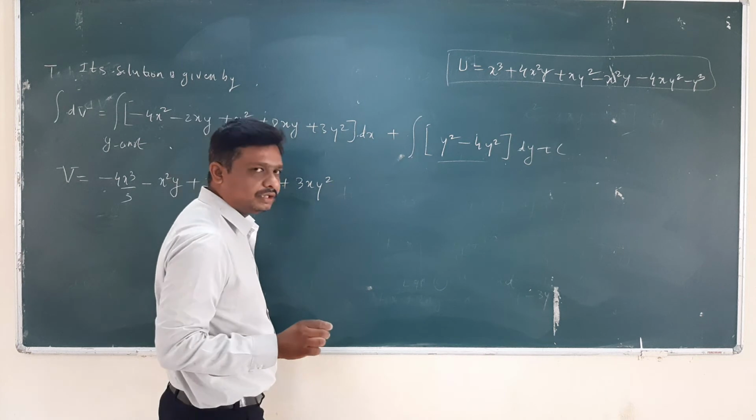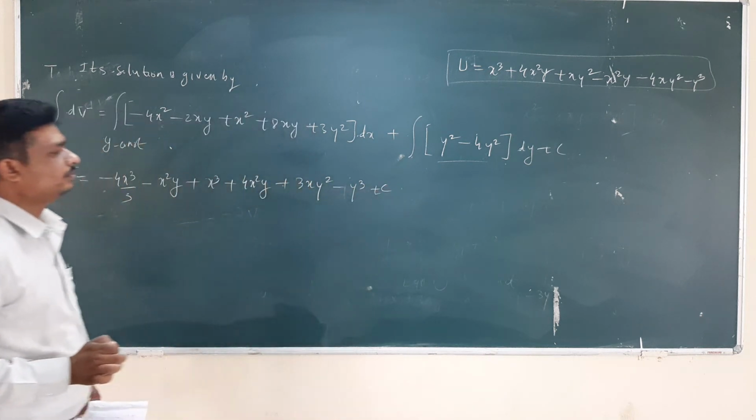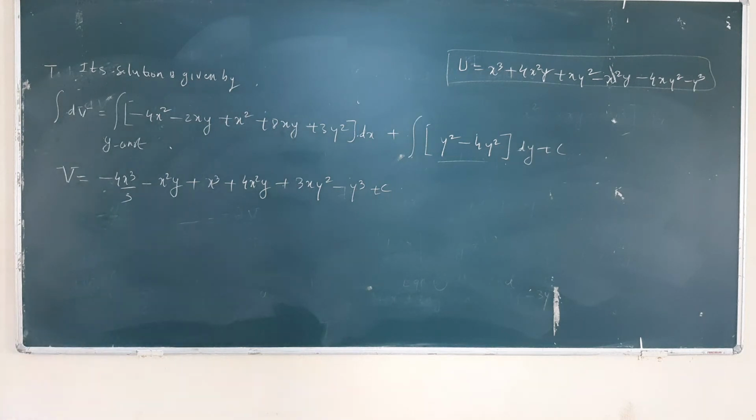Integration of y² is y³/3, so remaining is y³ plus c.